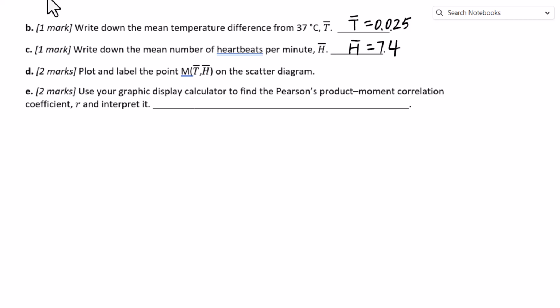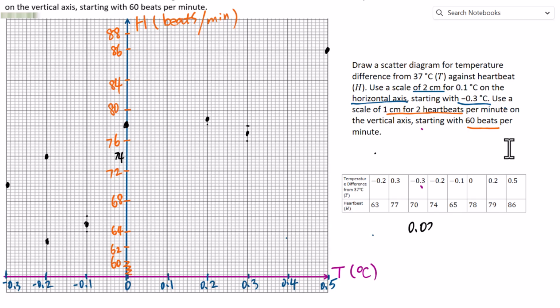Plot and label the point M, T bar, H bar on the scatter diagram. 0.025, 74. This is the mean point. 0.1 is here.